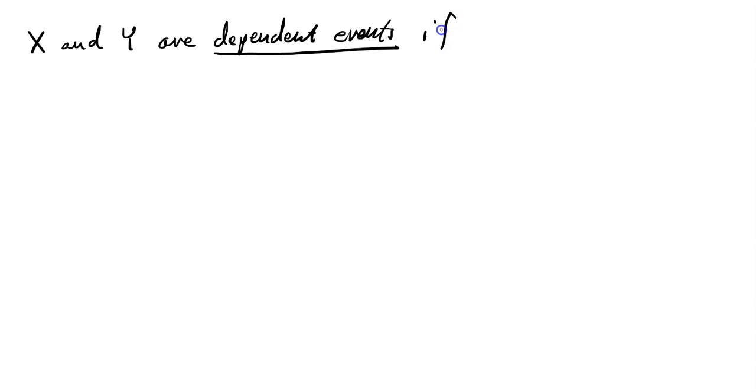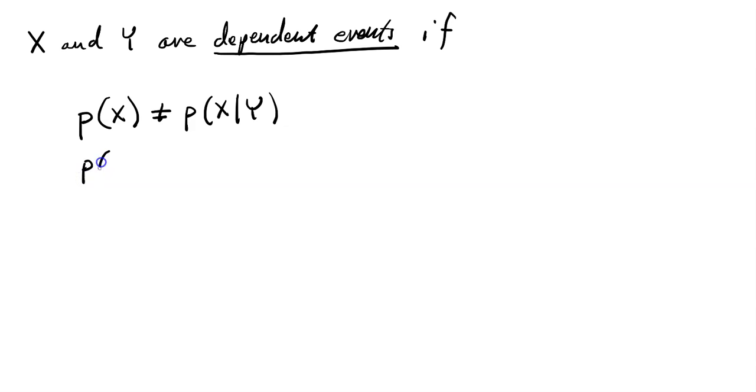Yeah, that is if the probability for X is not the same as the probability for X, given that we know that Y has happened. So if these two probabilities are not the same, then we know that X and Y are dependent events. That's the definition of dependent events. So if this holds, if these two probabilities are different, then we say that X and Y are dependent.